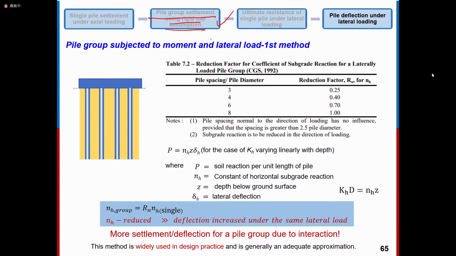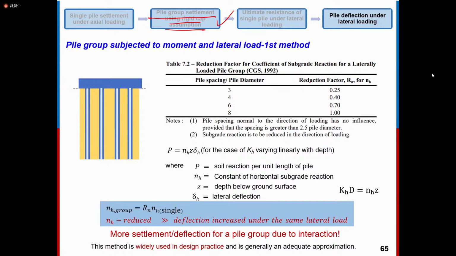And now we discuss how to consider the pile group under horizontal force, horizontal loading, and moment. In the design code, it gives us a very simple method to consider the pile group effect.